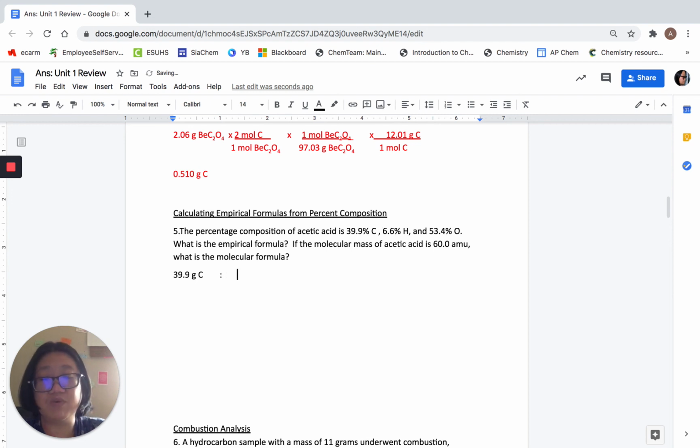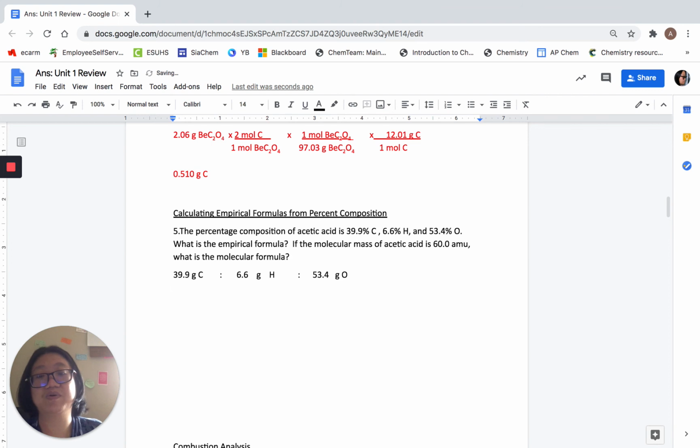This is easier when you do it on a pencil and paper than to type it in a computer. But either way, it's fine. Just make sure you are aware of what you're doing. 53.4 gram of O. Next step, convert them to mole, divided by the molar mass.